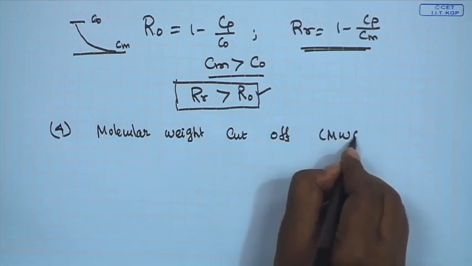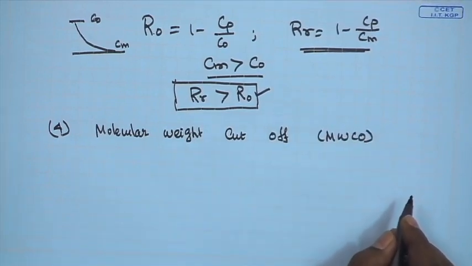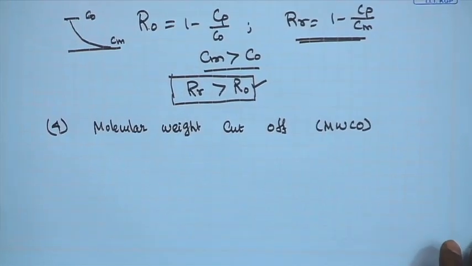So, sometimes you will see this MWCO of the membrane is very important in order to specify a membrane. Now, a membrane cannot have a uniform pore size. That means, a membrane cannot have a unique pore size throughout its whole matrix.